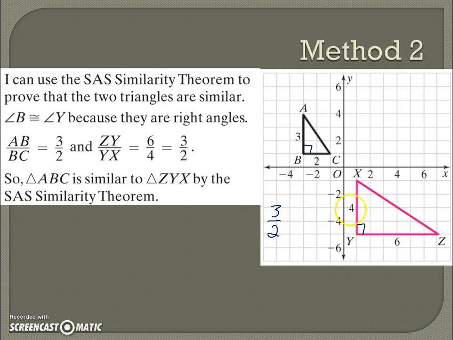And then if I put this side over this side, because those are corresponding parts, I would have 6 over 4. And 3 over 2 is equal to 6 over 4, because if I simplify this, I do get 3/2. So here I would be proving that they are similar because of side angle side. I have one side followed by an angle, and then another side where those two sides share a common ratio between them, which incidentally would be the scale factor, 3/2.